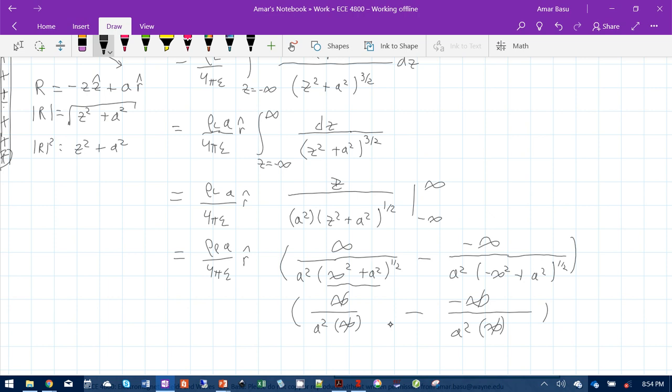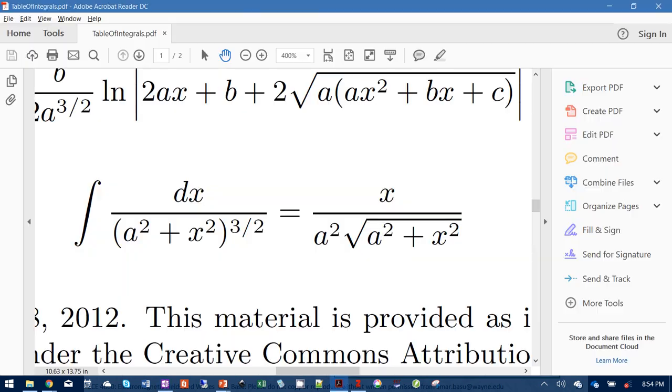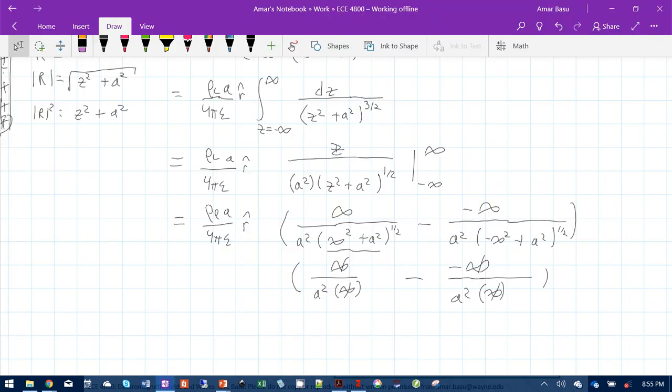And so, did I get this right? Yeah, so this ends up being 1 over A squared plus 1 over A squared. So it's 2 over A squared.